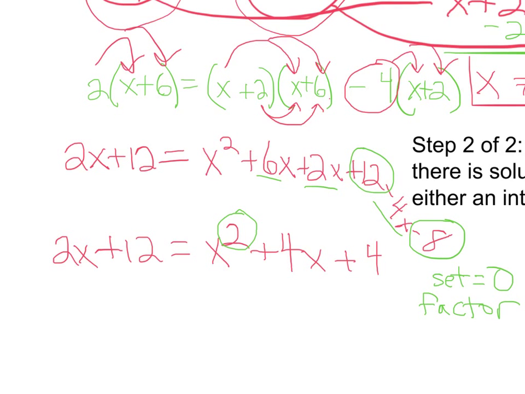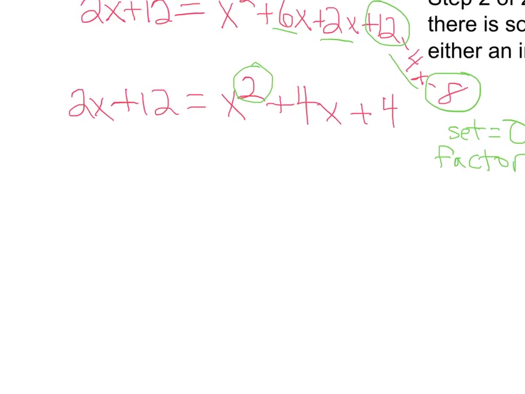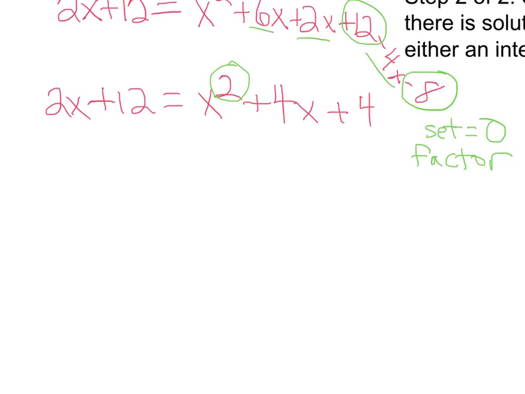So in order to set it equal to 0, what we want to do is move the terms from the left to the right side. To set it equal to 0, I want to subtract 2x. That'll move that over, so I'll put subtract 2x under the 4x.